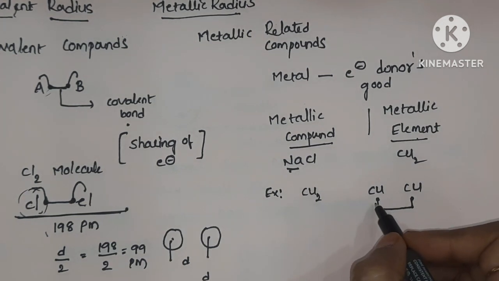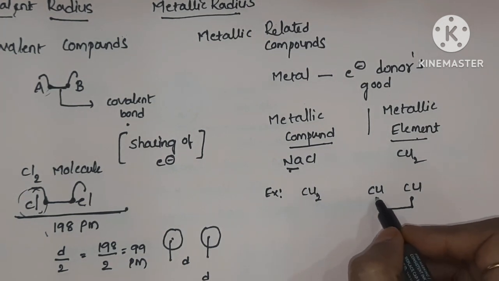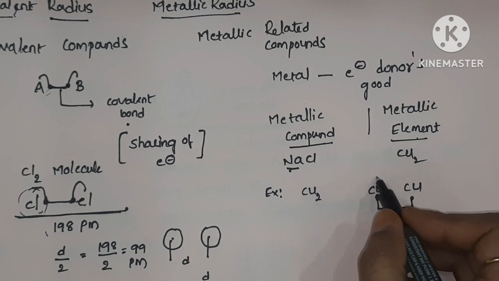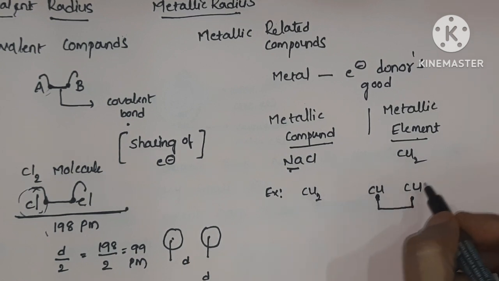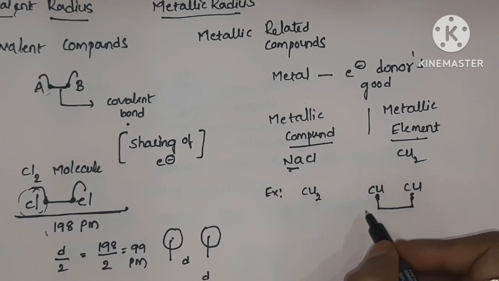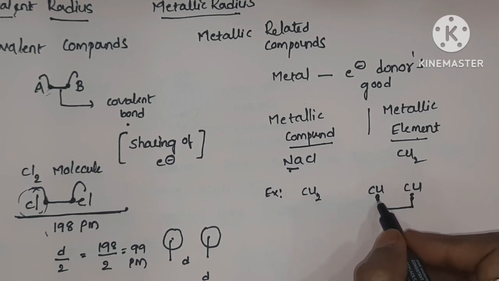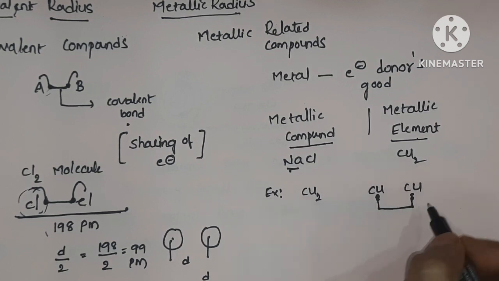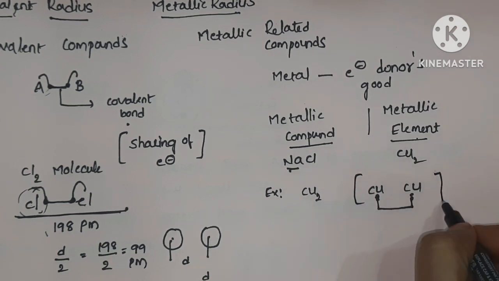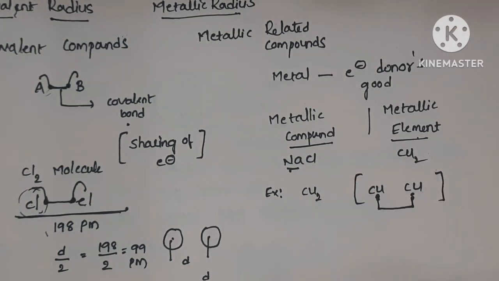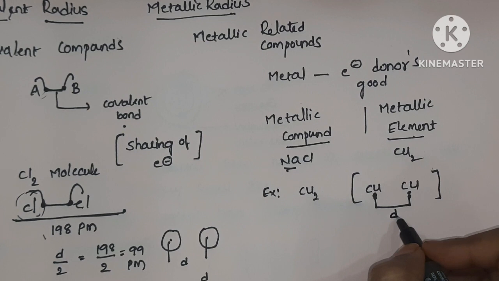That means the nucleus of this copper atom and the nucleus of this copper atom. So half of the internuclear distance separating the metal cores present in the metallic crystal is denoted by D.